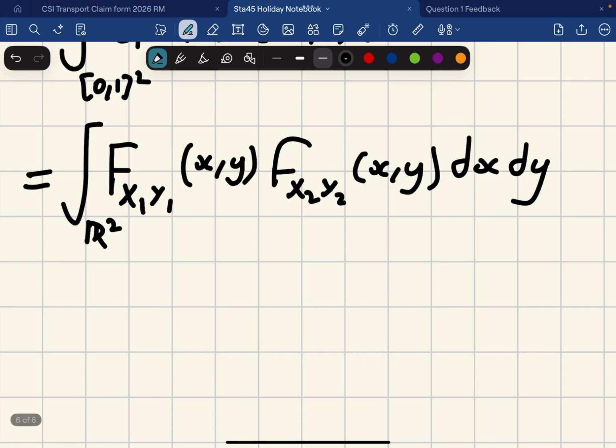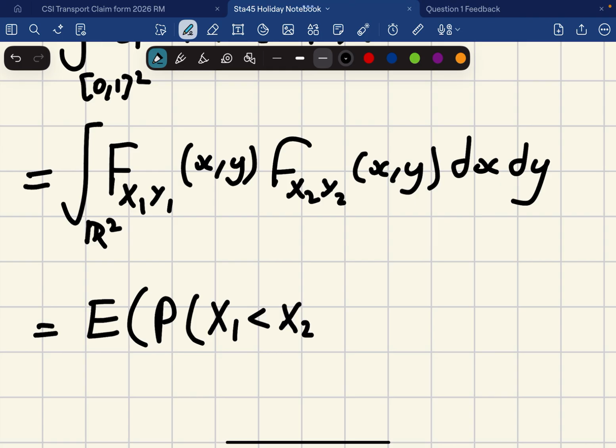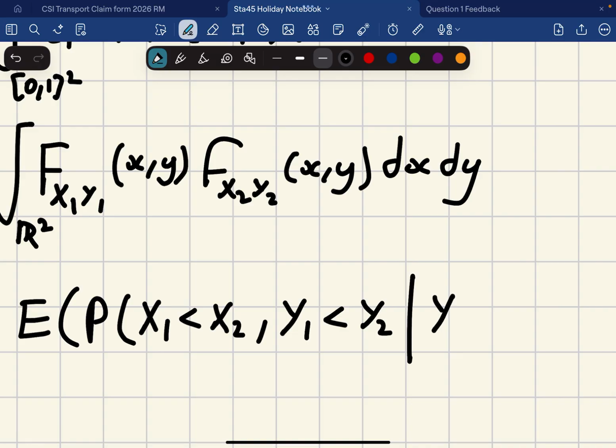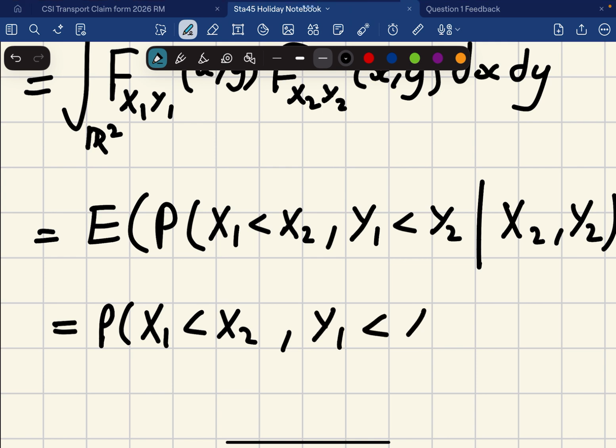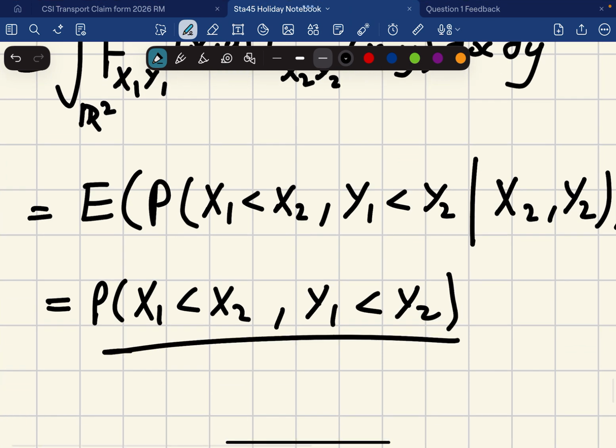And this is very clearly the expectation of the probability that X1 is less than X2 and Y1 is less than Y2, given X2 and Y2, which is then going to give us the probability that X1 is less than X2 and that Y1 is less than Y2 by the law of total expectation.